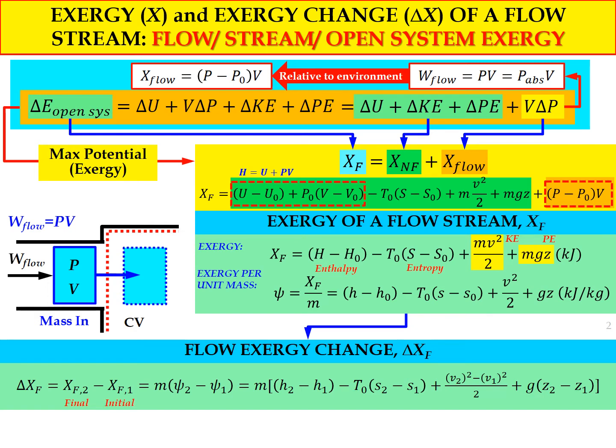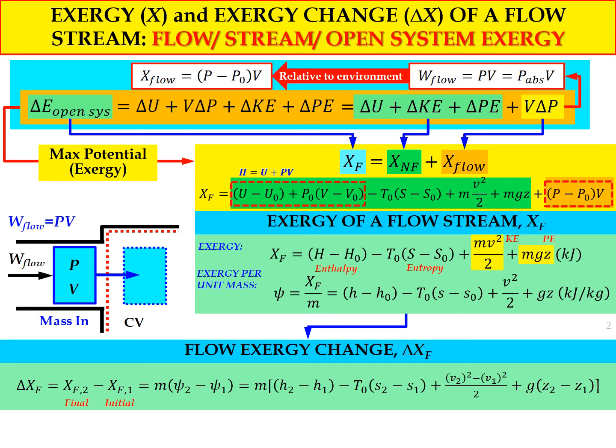So now we have the formula for delta XF, which is equal to m multiplied by psi 2 minus psi 1, equal to m multiplied by bracket h2 minus h1 minus T naught times s2 minus s1, plus the term for kinetic energy difference and also the term for potential energy difference.